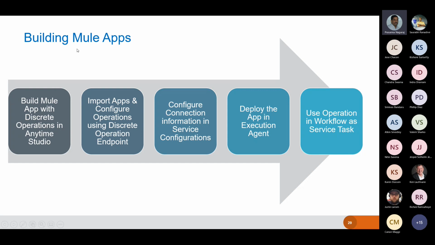What is required to consume the Mule apps is to configure the connection information. This is the first thing we need to do, because for all this MuleSoft configuration, the connection endpoint or instance details and the credentials are part of the service configuration. So you need to go and configure the service configuration to get the Mule connection configured properly.